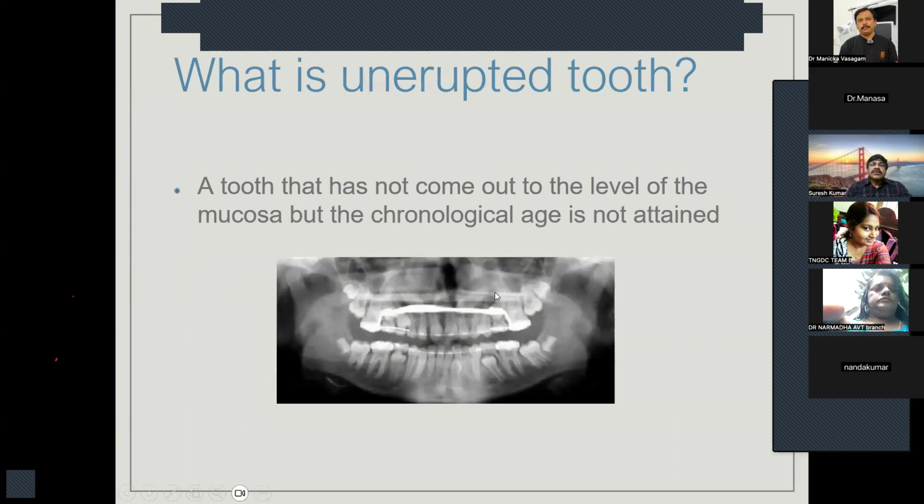An unerupted tooth is a tooth that has not come out to the level of the mucosa, but the chronological age has not been attained for that particular tooth to erupt. So that's the difference between an impacted tooth and an unerupted tooth. Always in your prescriptions or referral letters, you mention it as an unerupted tooth if you find this problem in a younger age group, or an impacted tooth if the patient is more than 18 years and the tooth is still not erupted. So that is the basic difference we all should know.